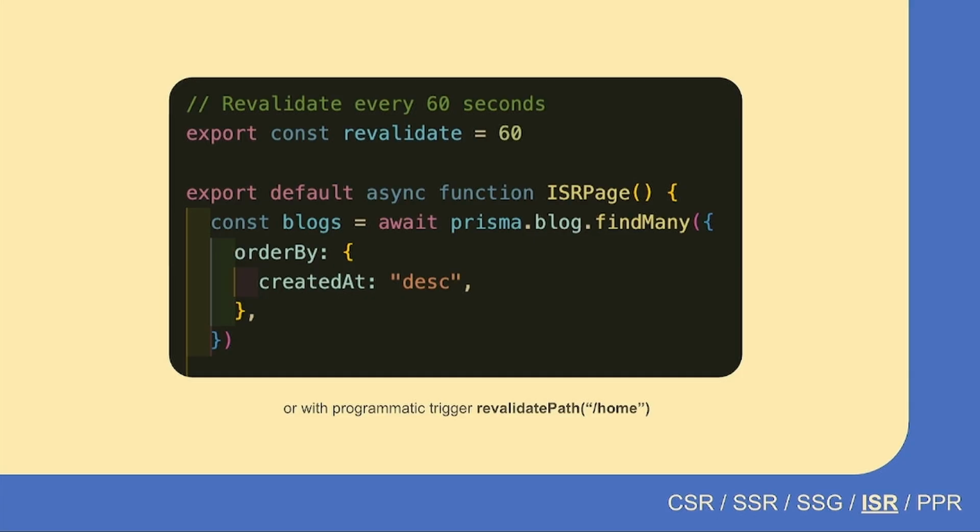So what happens is from the 61st second, Next.js runs a background job which revalidates the page and returns the new version to the new user and so on. So for the next 60 seconds from the other request, we will have the cached data and so on.